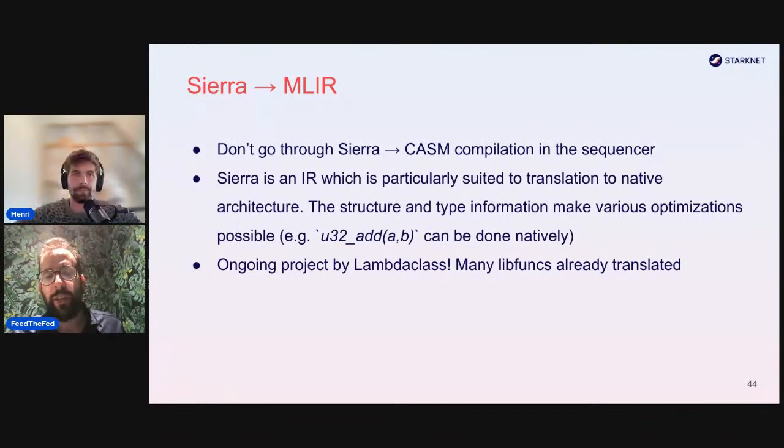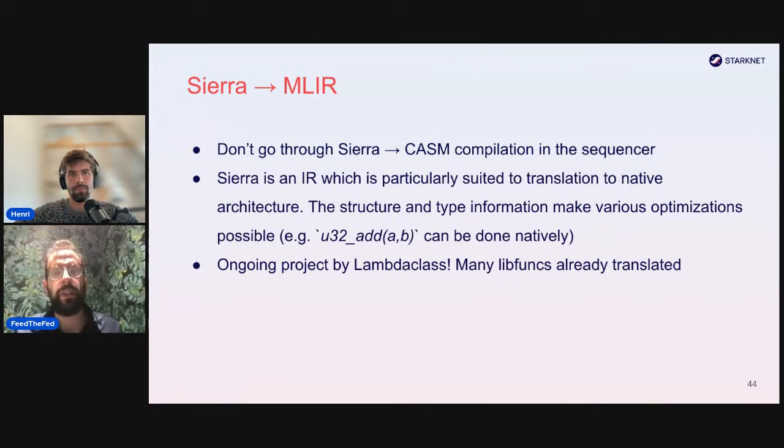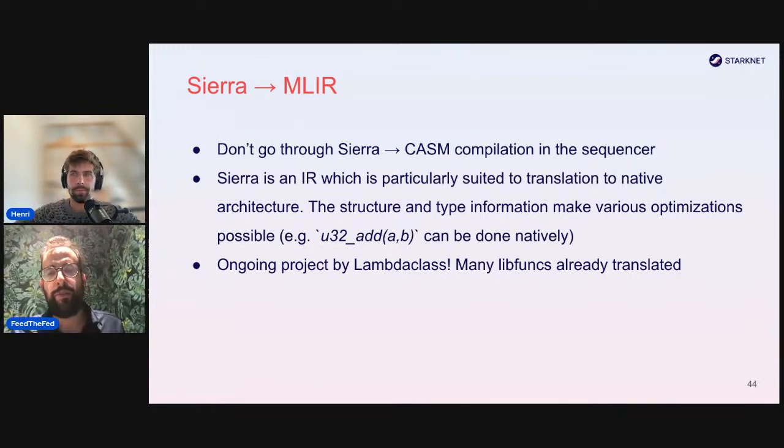So they were actually able to move from Sierra to native code and run some functions written in pure Cairo much faster compared to the Cairo VM runner. There's still a lot of work to do on that front, but it's definitely not sci-fi, and we expect that in a small number of months, they will already be able to run Starknet contracts.